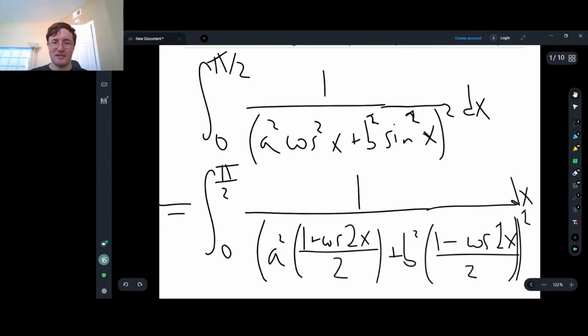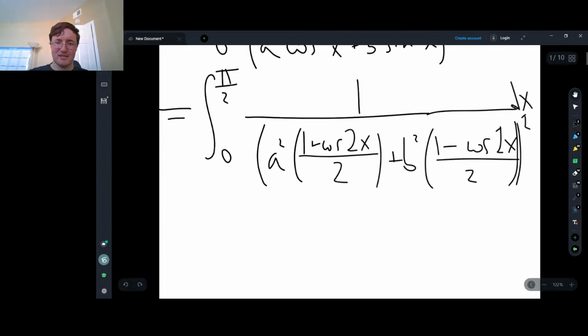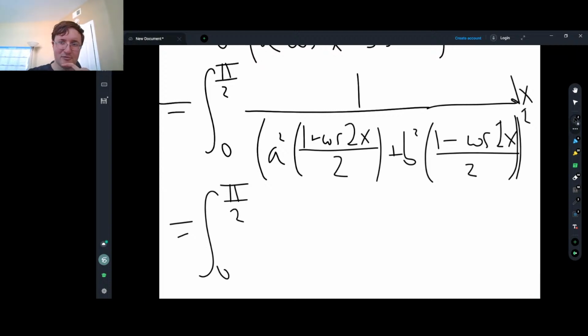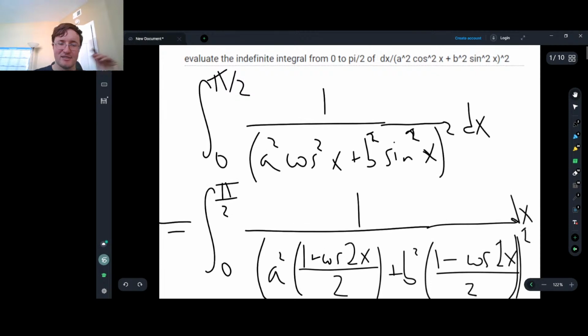This is gonna get a bit messy. Oh, okay, well for one thing, cosine and sine are symmetric around pi over 2, so that could come in handy.